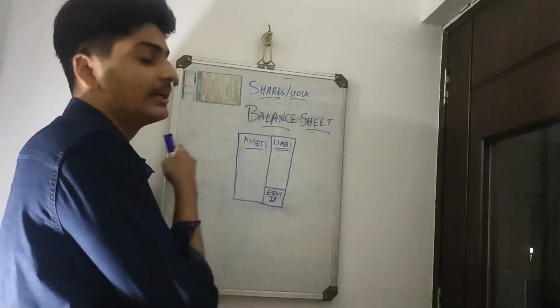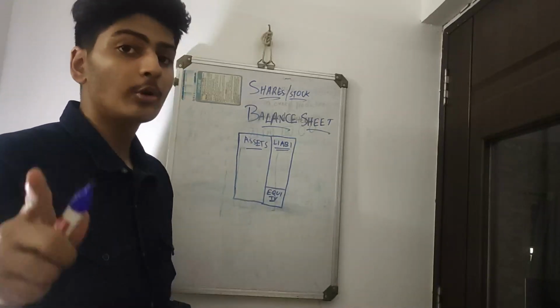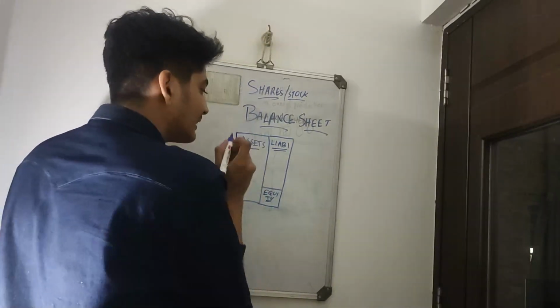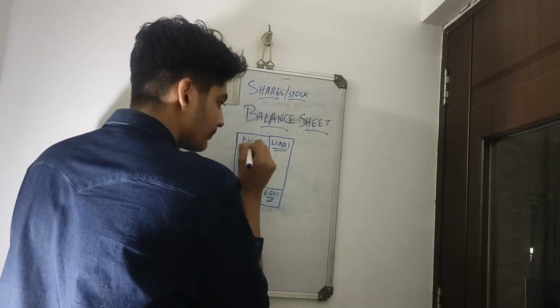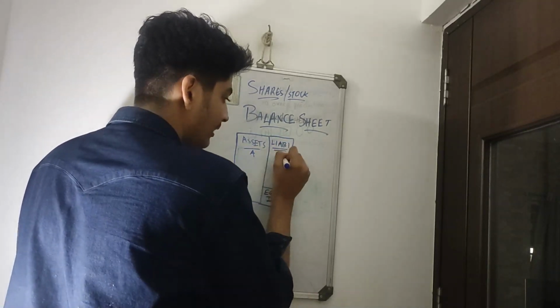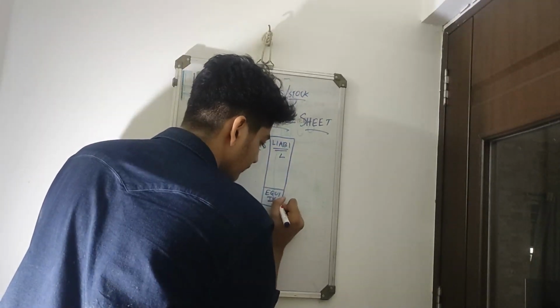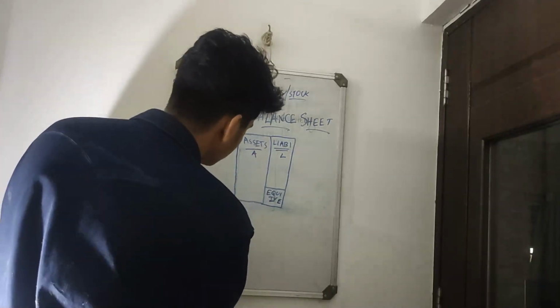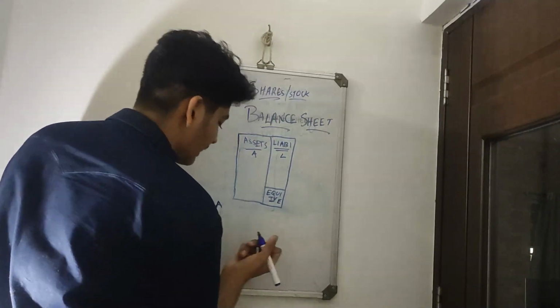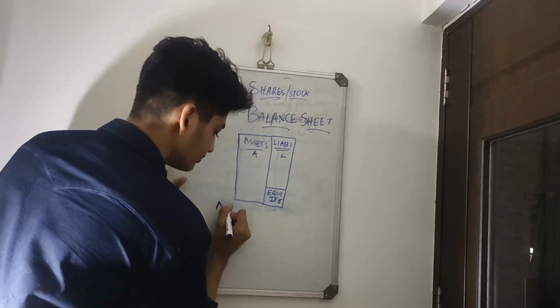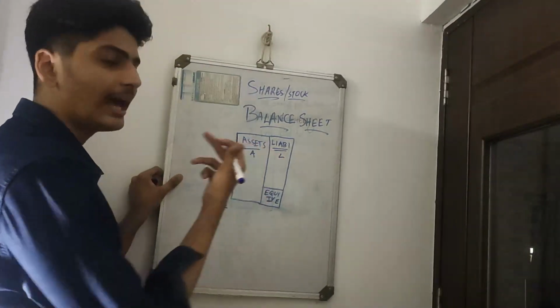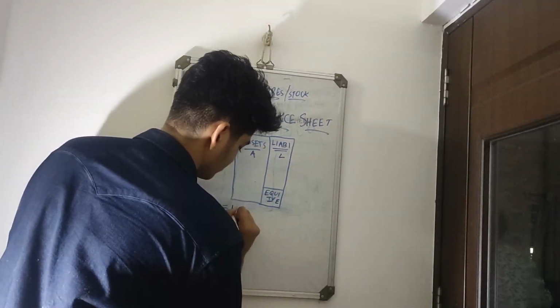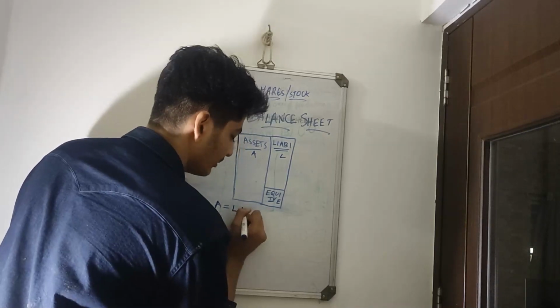So if you look at this diagram over here, you will notice that assets, which I'm going to denote by A, liabilities by L, equity by E. So assets is equal to liabilities plus equity.